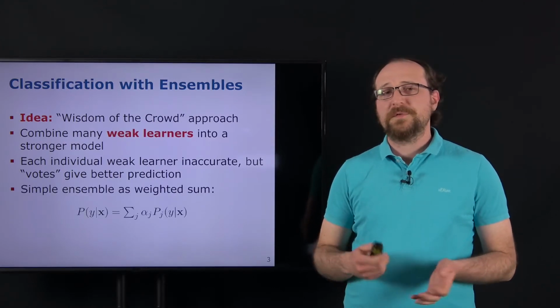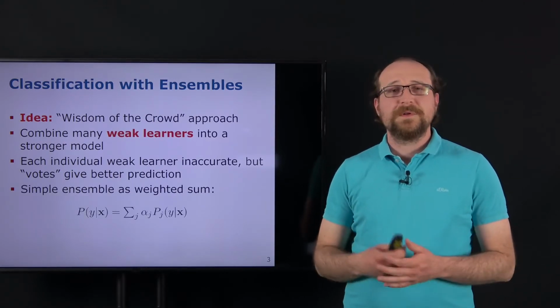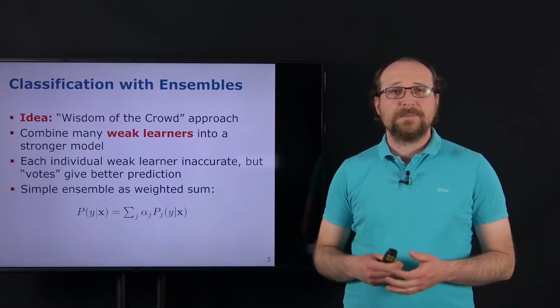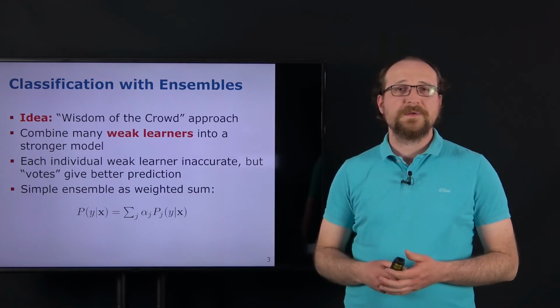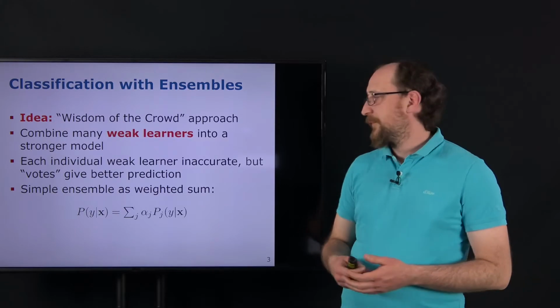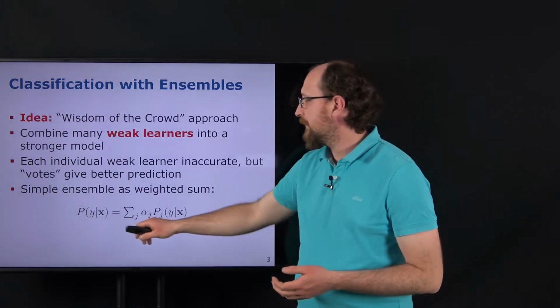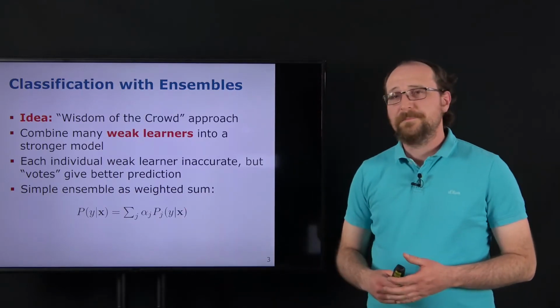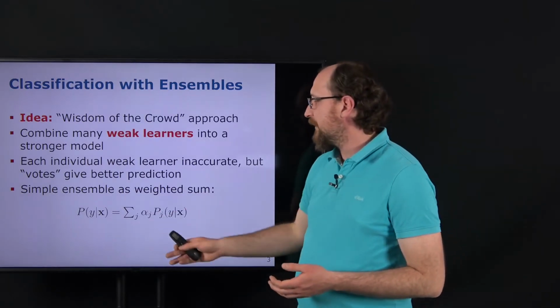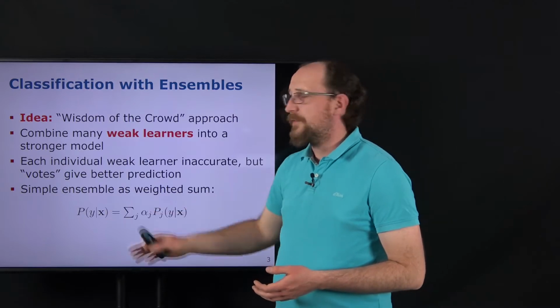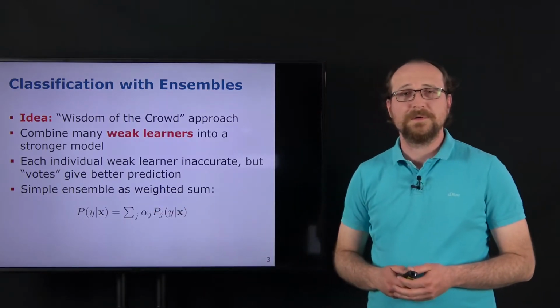And the simplest possible ensemble is just using some weak learners and combining them via a weighted sum. So here these p_j are the weak learners, and by combining them in a specific way, here by alpha_j, we get a strong classification model in the end.